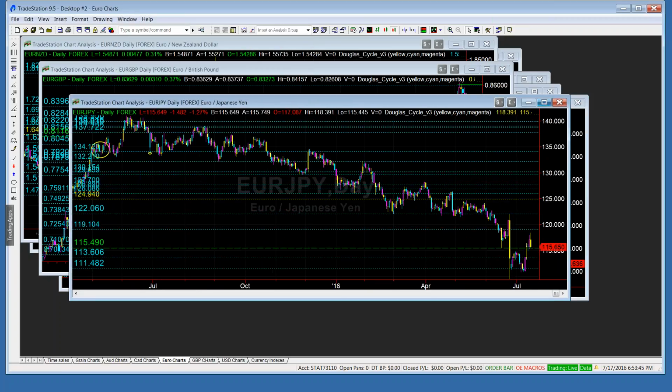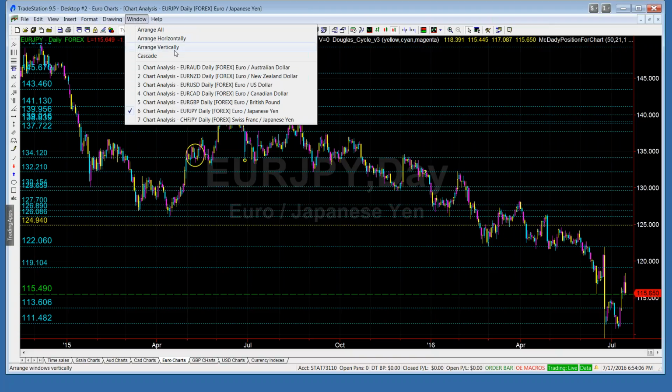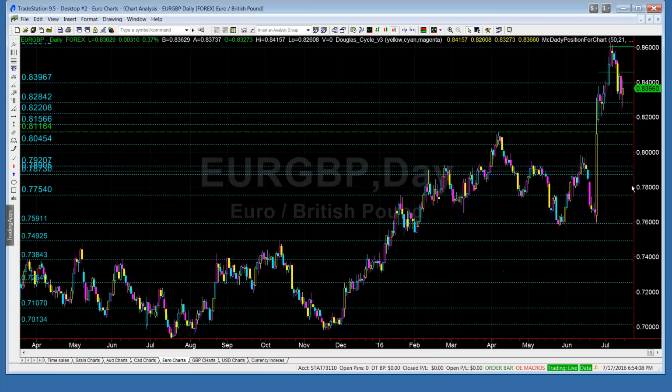The euro yen, as you can see, this is a minor structure point. If it gets below the 115.49, we're going to short it. We will only buy it above the 119.10.